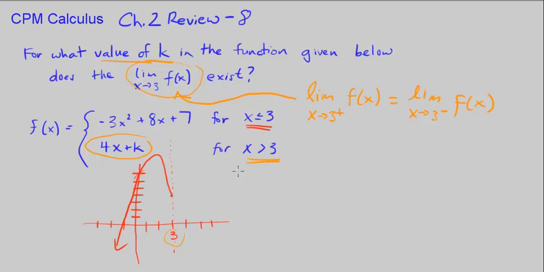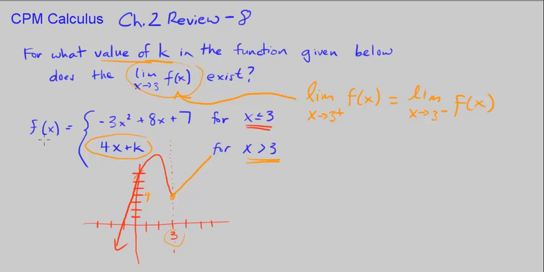Whatever it is on the right, it's going to have to hit exactly 3. We know it is an open circle because it's for x greater than 3, the domain for what's in orange. But the limit as we approach 3 from the right has to approach the same value as from the left, which we figured out to be 4. So the y value has to be 4.